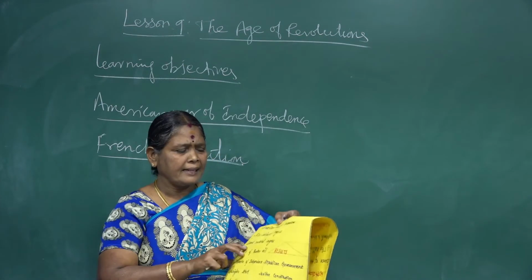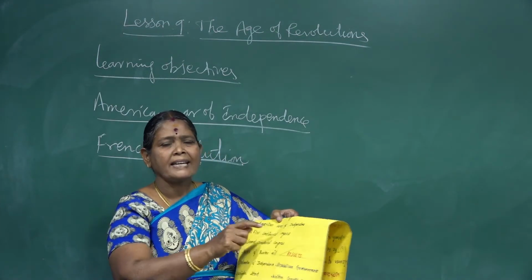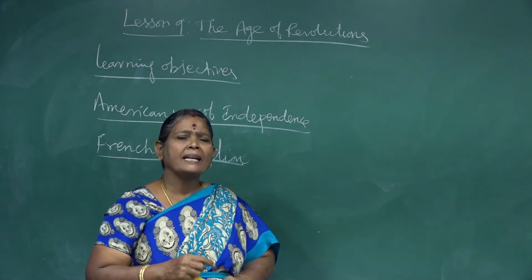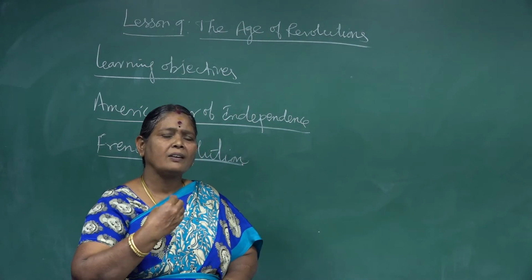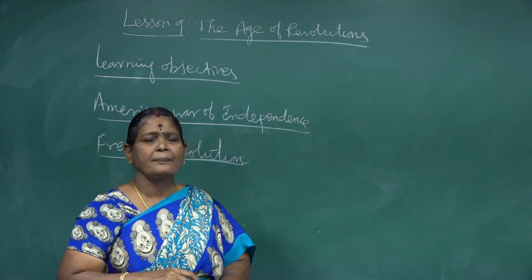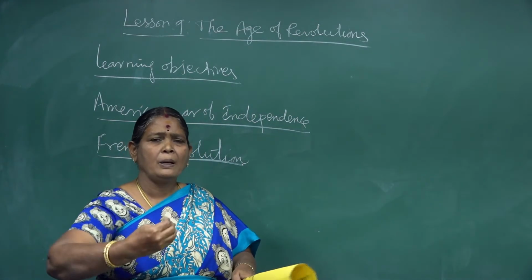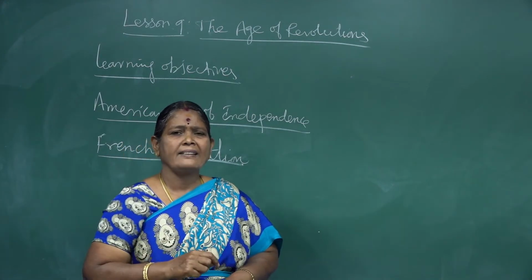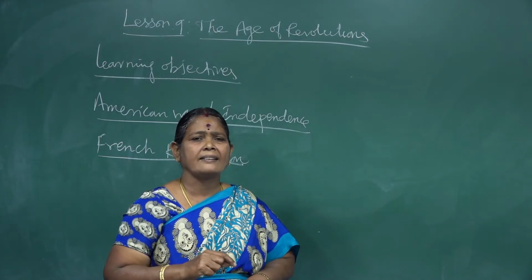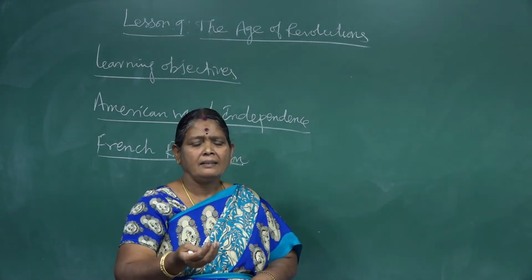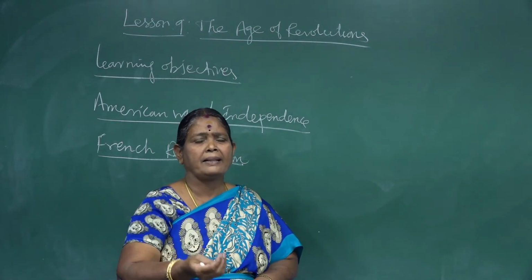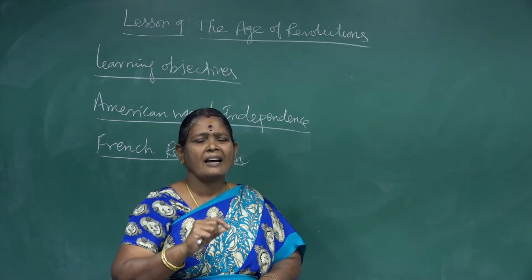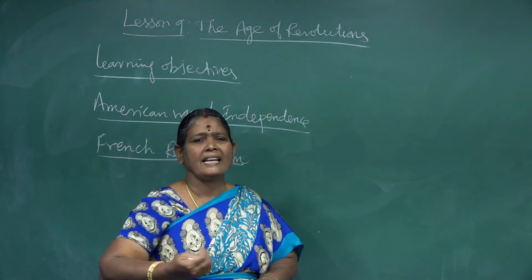Then after that we see the First Continental Congress. When the British government realized the protest was going on vigorously, the people who opposed them formed the Continental Congress. They brought a constitutional method, and under this constitution they brought some changes.